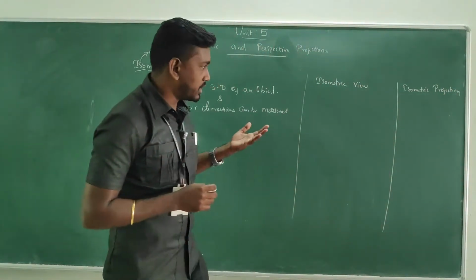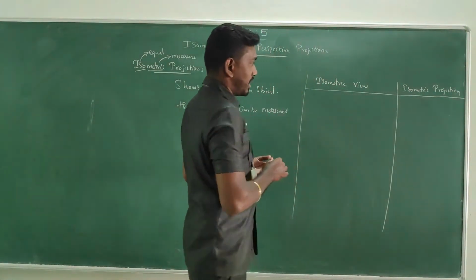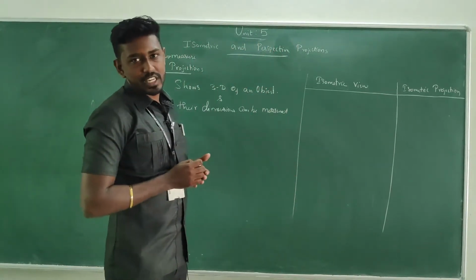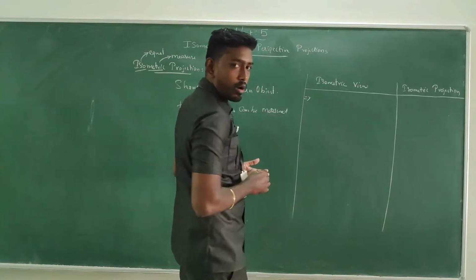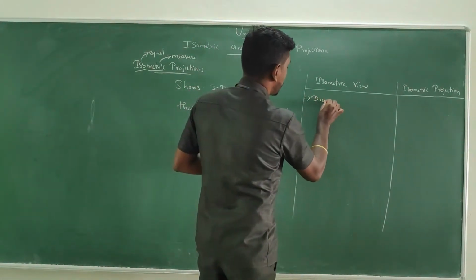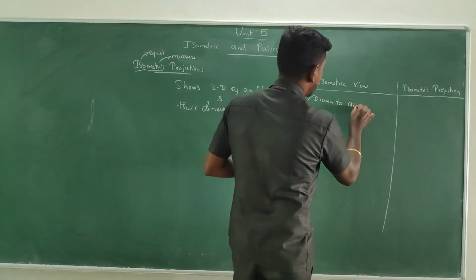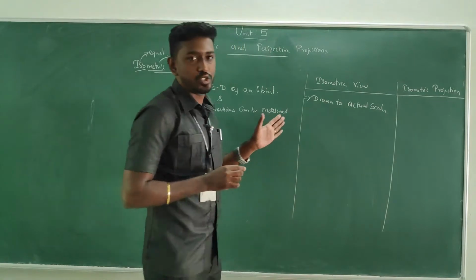Most of the time we may get confused with these two terms. Isometric view means the diagram is drawn to actual scale. It is drawn with the actual scale.